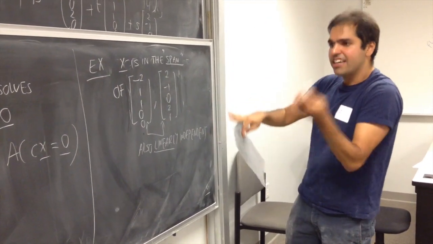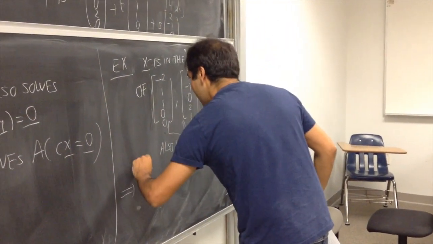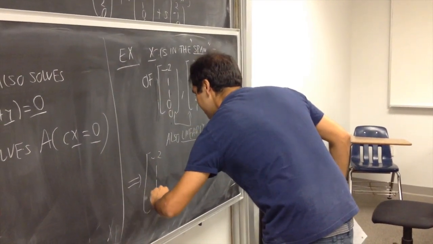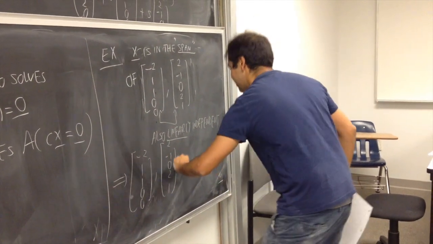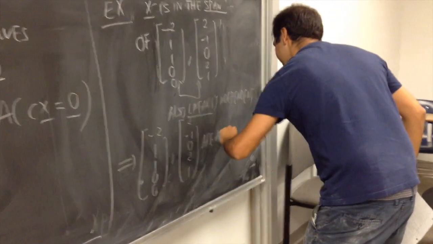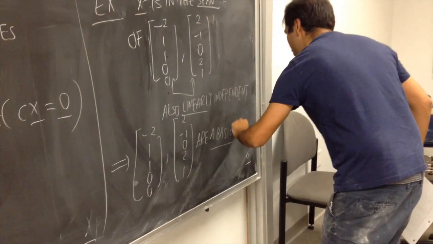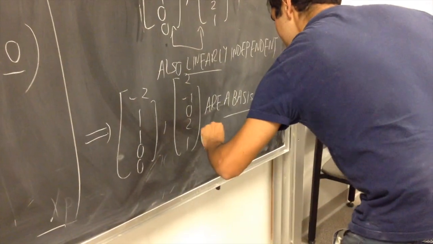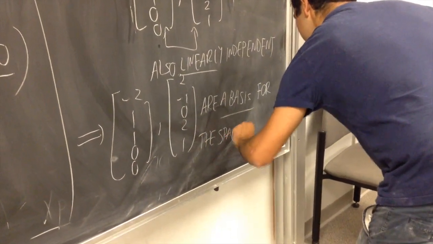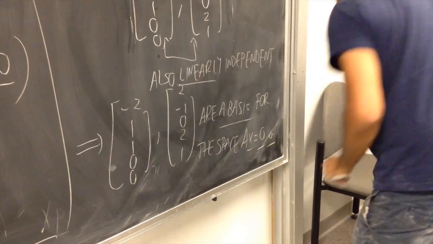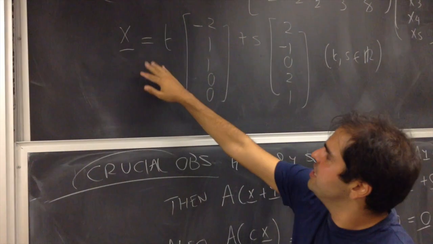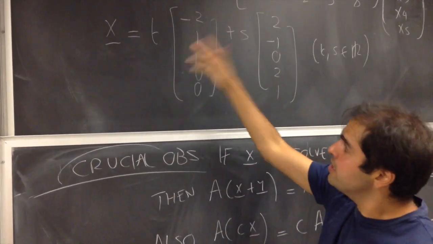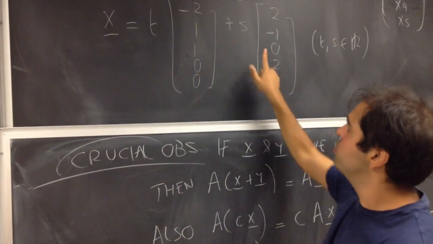What we really say, and again that's more lingo, is that (-2, 1, 1, 0, 0) and (2, -1, 0, 2, 1) are a basis for the space Ax equals 0. And that's really cool because basically what this says is that every solution of Ax equals 0 here can be expressed in just one way in terms of those two vectors.